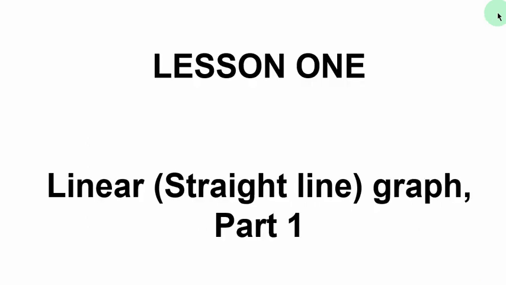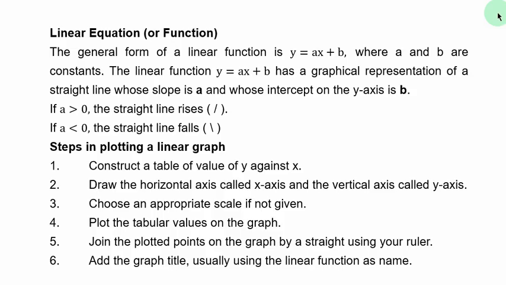Lesson 1, linear or straight line graph, part 1. Let us examine linear equation or linear function. The general form of a linear equation is y equal to ax plus b.